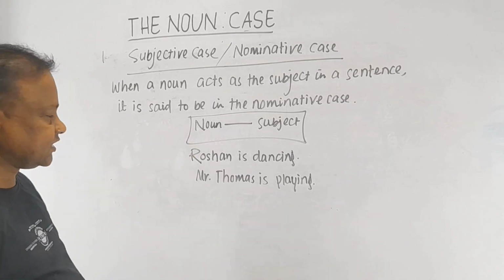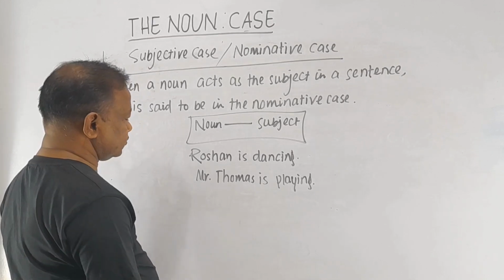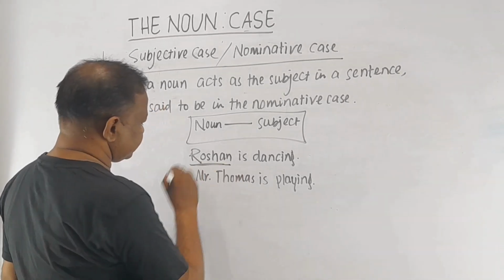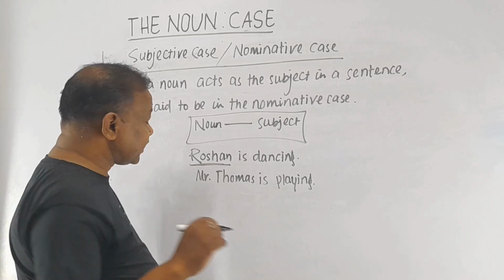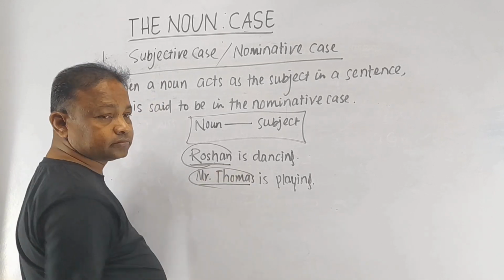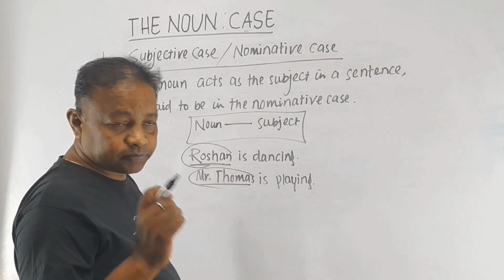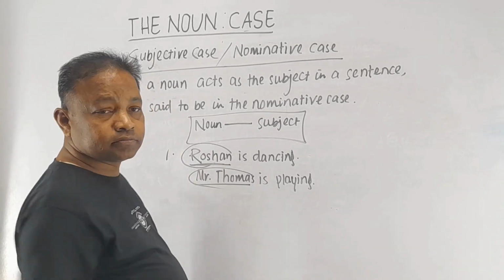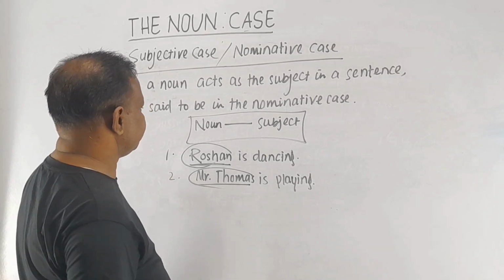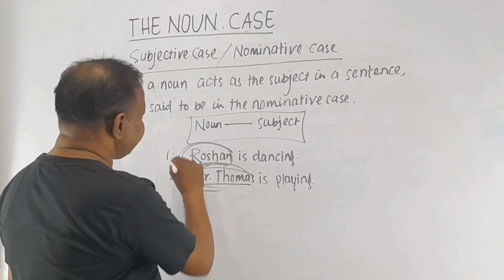In these two sentences, first one, Roshan is dancing. Who is dancing? Yes, Roshan is dancing. Mr. Thomas is playing. Who is playing? Mr. Thomas is playing. Here, Roshan and Mr. Thomas both are the subjects. Roshan is the subject of sentence number 1 and Thomas is the subject of sentence number 2. So, both are nominative cases.